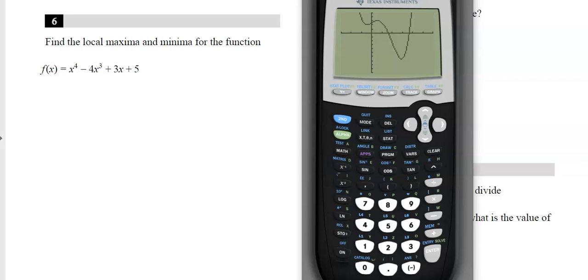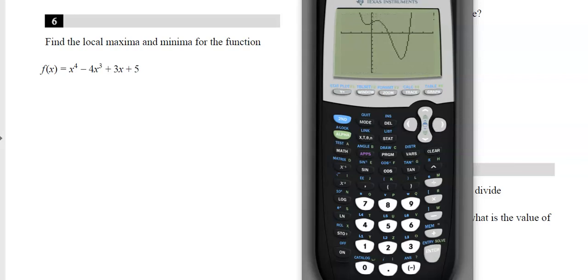So let's go to second trace, which is the calculate function. Let's find that first max. I'll get the max since I'm already in the max mode. The maximum is going to be at this top. So left side, enter. Right side, enter.